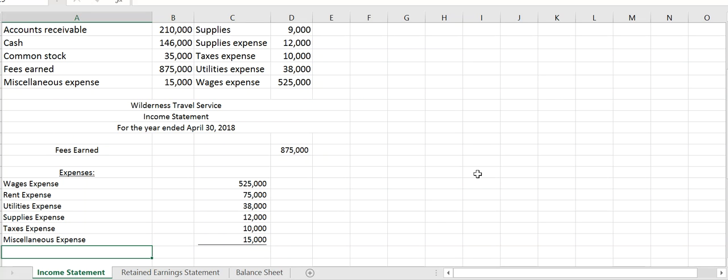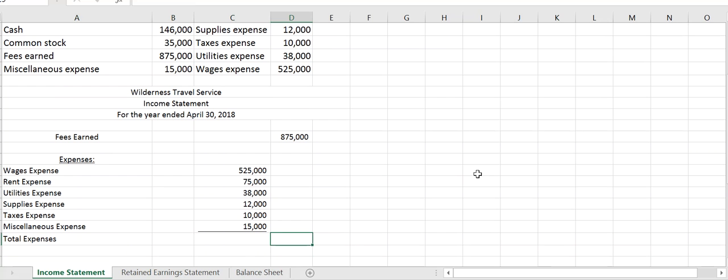So we're going to total them up to get our total expenses for the period, which is going to go into our total column. So during this fiscal year, the company incurred $675,000 worth of expenses to keep their business running and operating. Remember, an expense is the use of an asset.